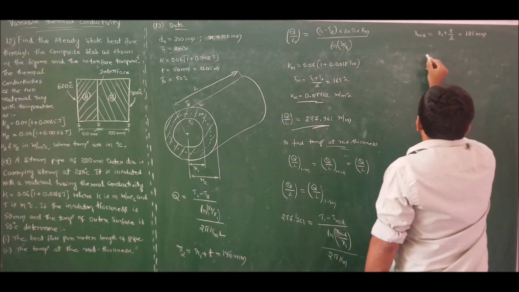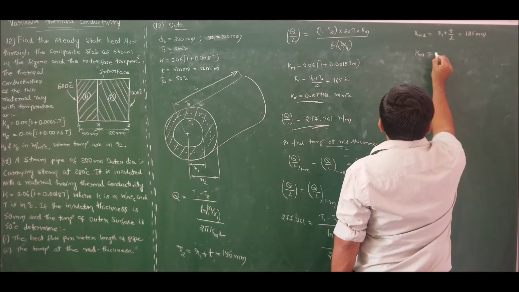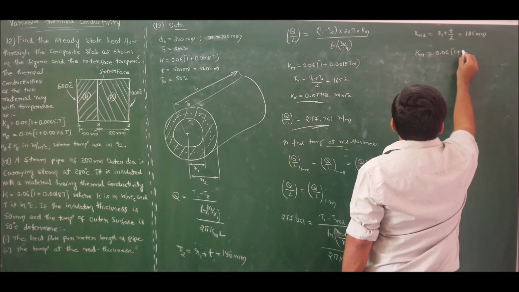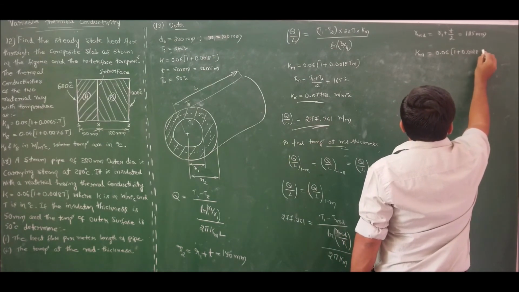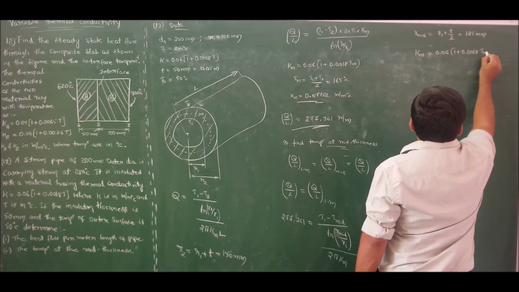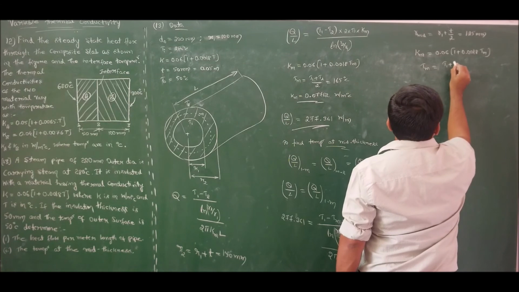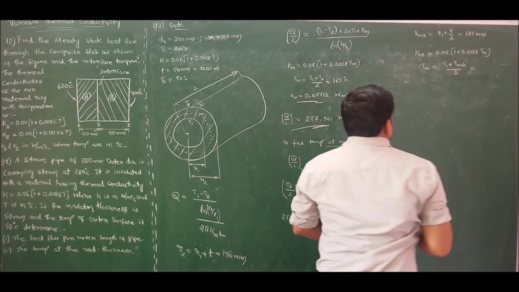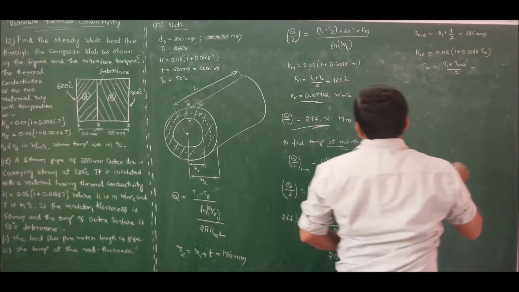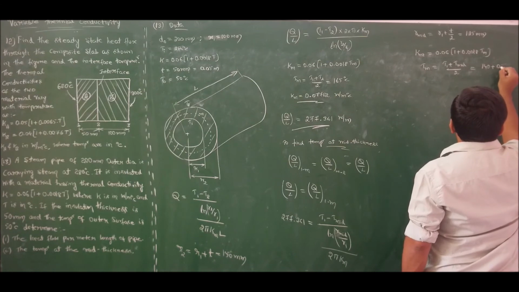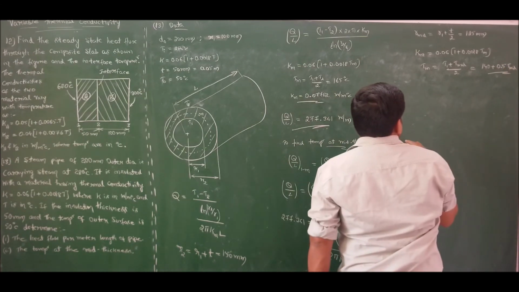Now coming to K mid, it will become 0.06 times 1 plus 0.0018 T mean. So for mid thickness, T mean is equal to T1 plus T mid by 2, which is, T1 is known, 280 by 2 is 140 plus 0.5 times temperature at mid thickness.